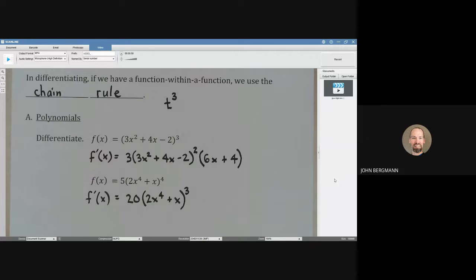You don't keep taking the derivative of the thing forever and ever. You just take the derivative now of what's inside. So let's do that. What would that be? 8x to the 3rd plus 1. Boom, done. Stop. Don't keep differentiating this until you fall off the edge of the planet. That's how you use the chain rule with polynomials.